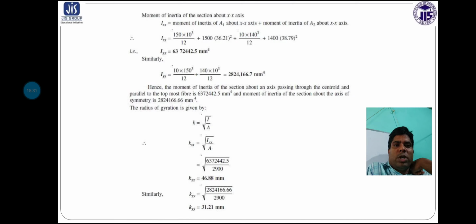The radius of gyration k is equal to root of I by A. So k_XX is equal to root of I_XX by A. Putting the value of I_XX, and A is equal to 2900, so k_XX is equal to 46.88 millimeter. Similarly, k_YY is equal to 31.21 millimeter. So this is how to solve the T section problem with the help of the centroidal axis.